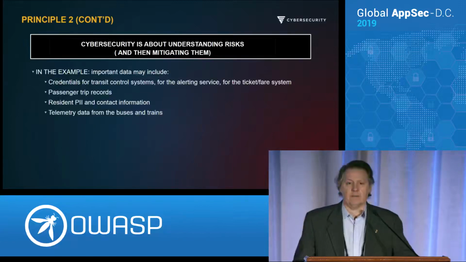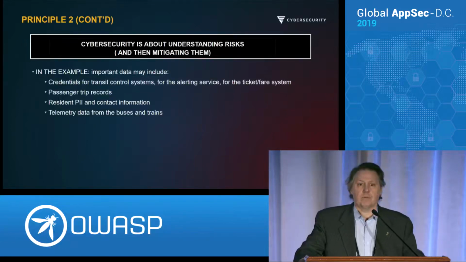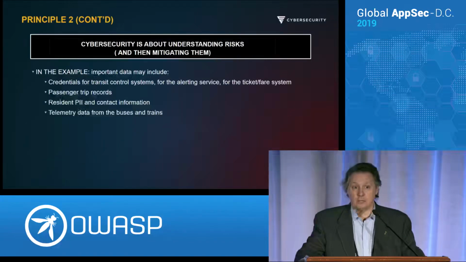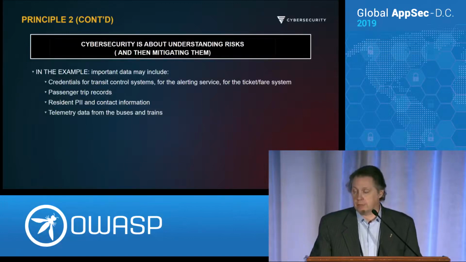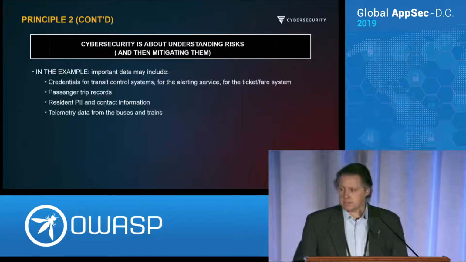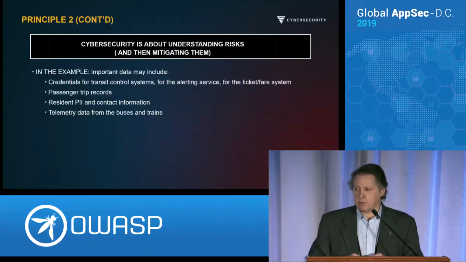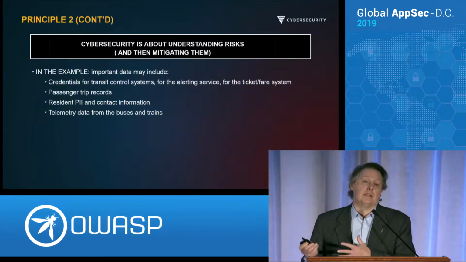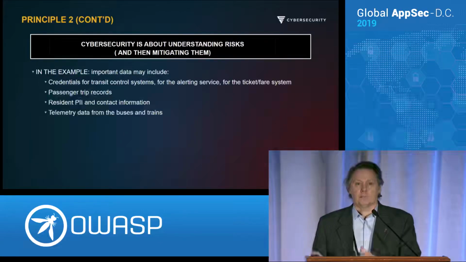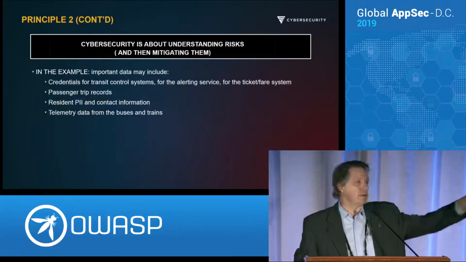The telemetry data from the buses and trains is probably critical to both safe use of those vehicles as well as managing them in a way that is good for keeping them running, like maintenance. So that may be very important, but that one maybe not. Maybe the telemetry from the bus is not that confidential. Anybody can observe the bus going down the street and say, oh, there it is.